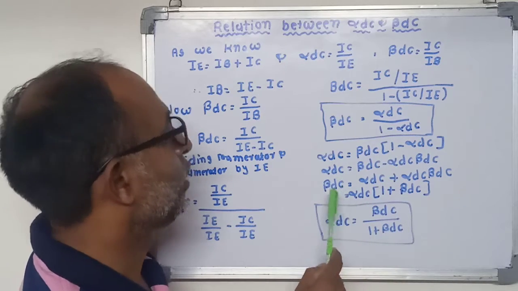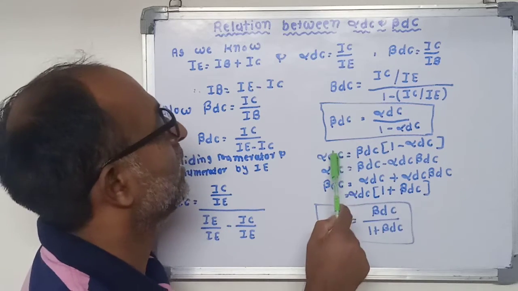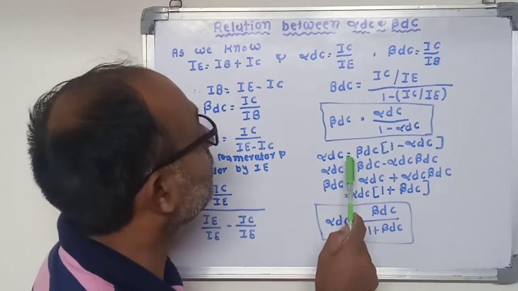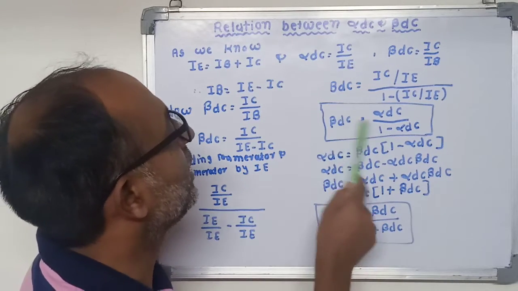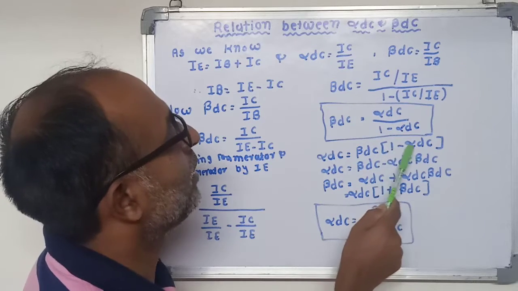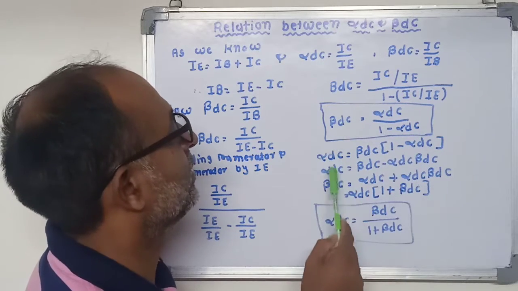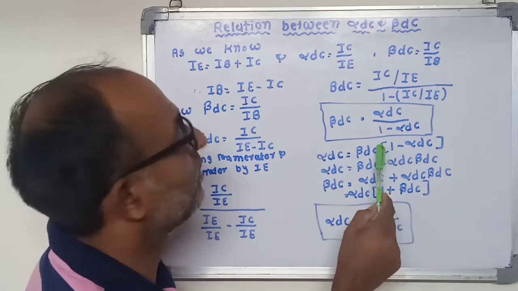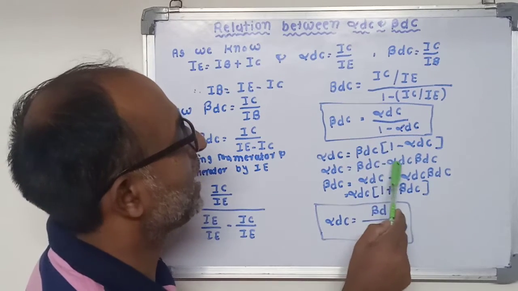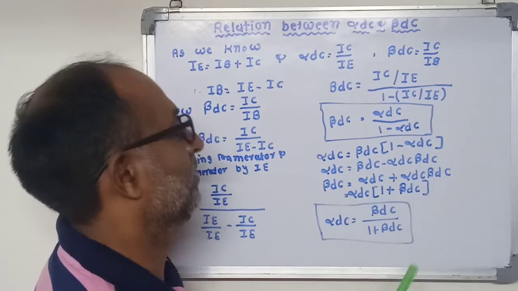Now similarly, to find out alpha DC, we can use this equation. Alpha DC is equal to beta DC in the bracket 1 minus alpha DC.